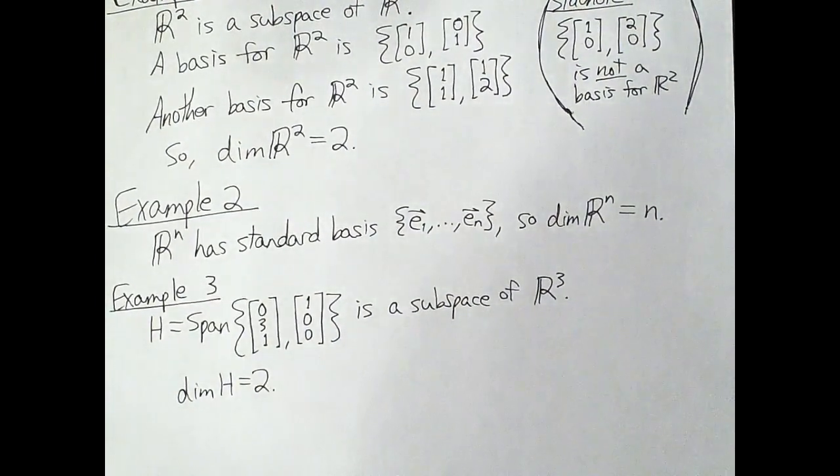Because those two vectors form a basis. We can tell from the way I wrote this that they span H. And I think we can also tell that they are linearly independent. It's a set of two vectors, neither of them are a multiple of the other one. So we've got a basis with two elements, therefore the dimension of H is 2.